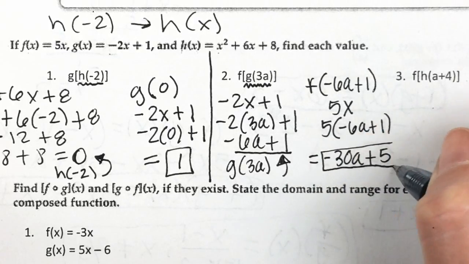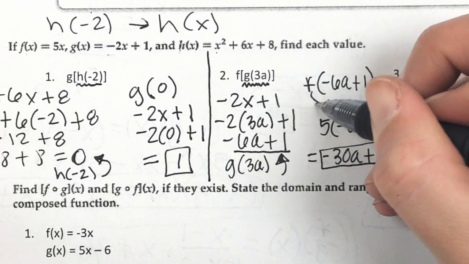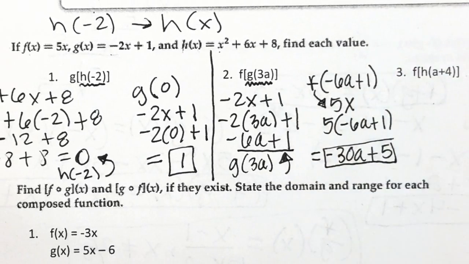Very good. Questions? Yes. So when you get your final, like negative 6a plus 1, you go to the letter outside. Yes. And plug it back into the original. Alright, last one. Other questions about this one?